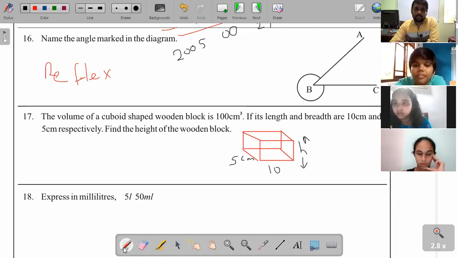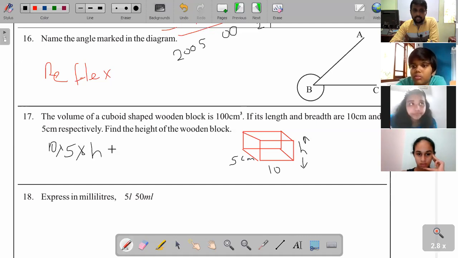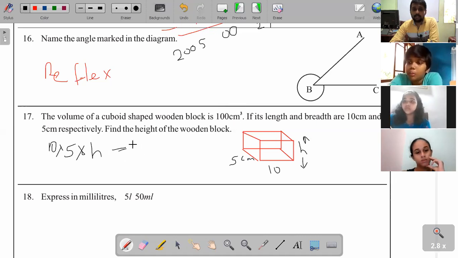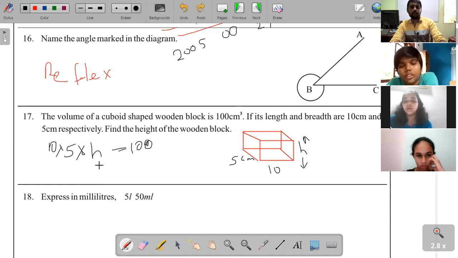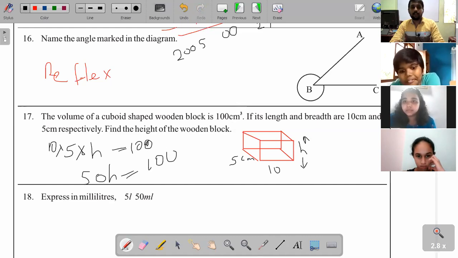So you can write 10 multiply 5 multiply h is equal to, what is the volume? 100. 10 times 5, 50 h equals 100.